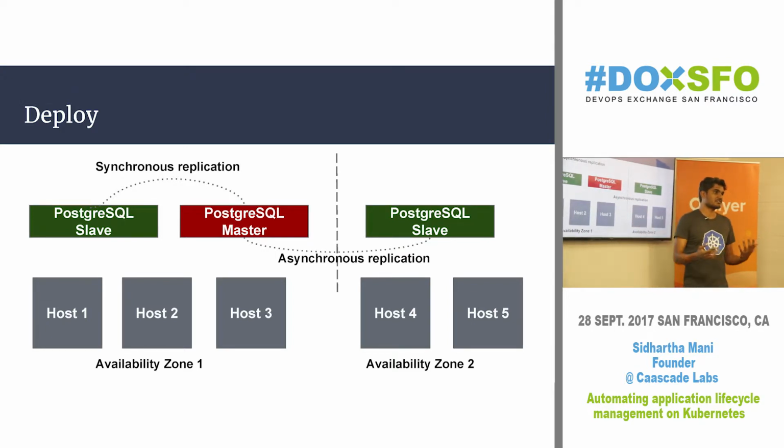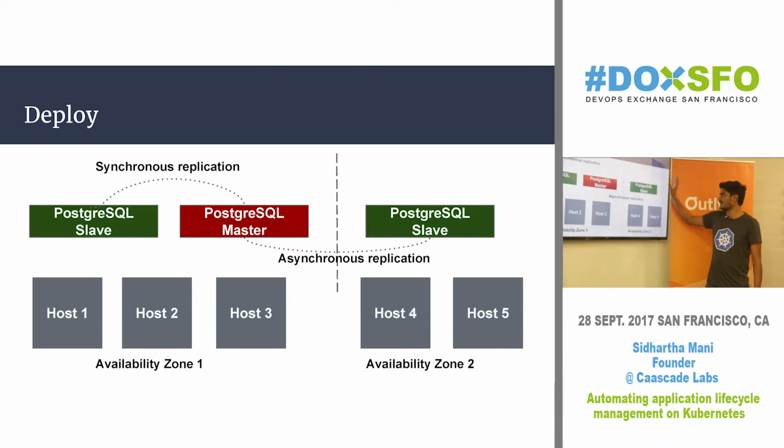Synchronous replication is where if you commit a write or a transaction to the master, it's not considered successful until the slave also finishes the commit. And then there's asynchronous replication across availability zones. This is asynchronous, which reaches eventual consistency, and this runs on a different availability zone.